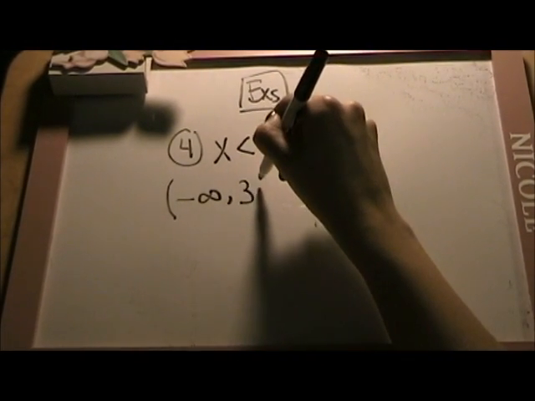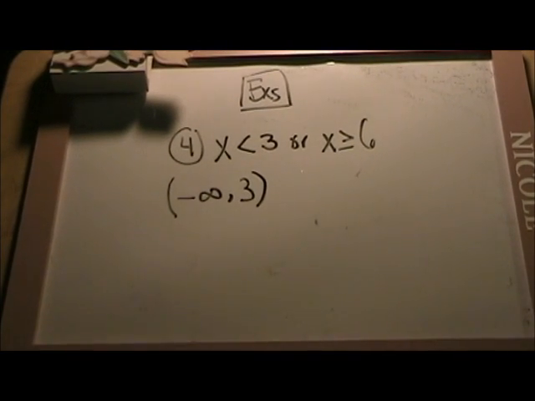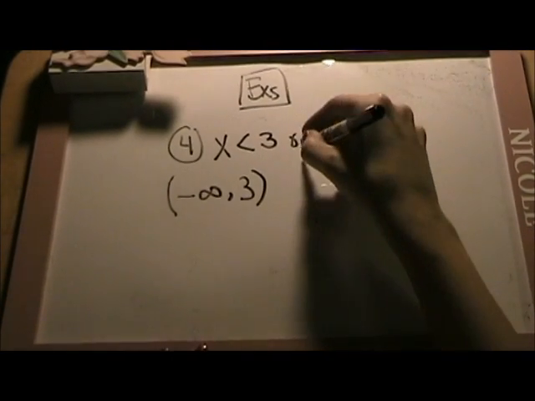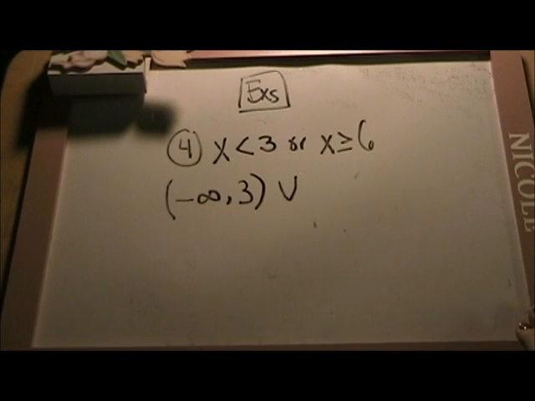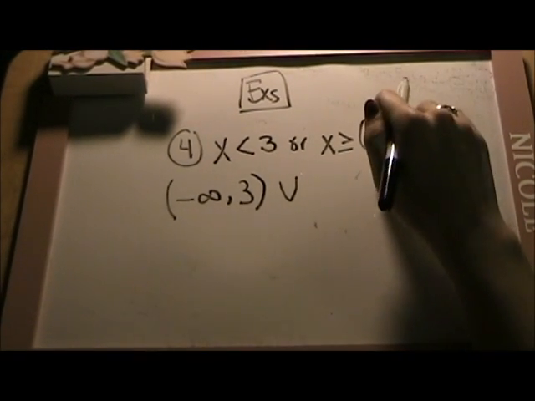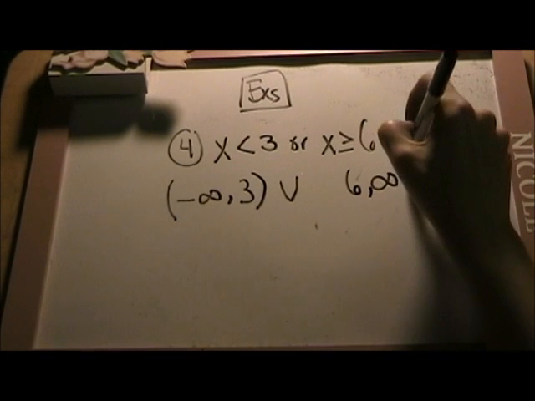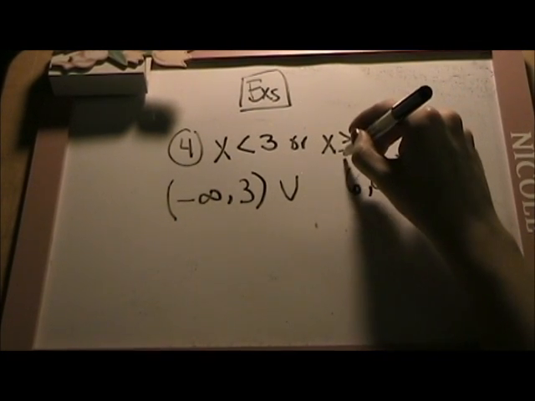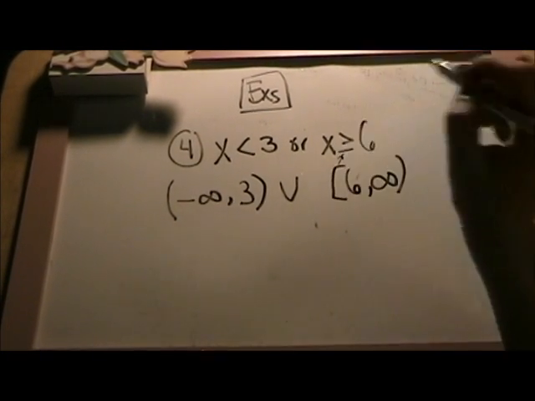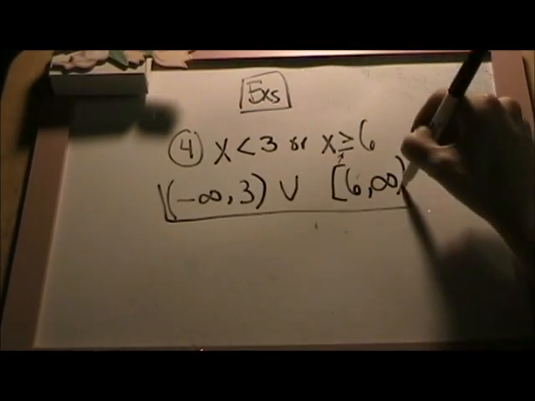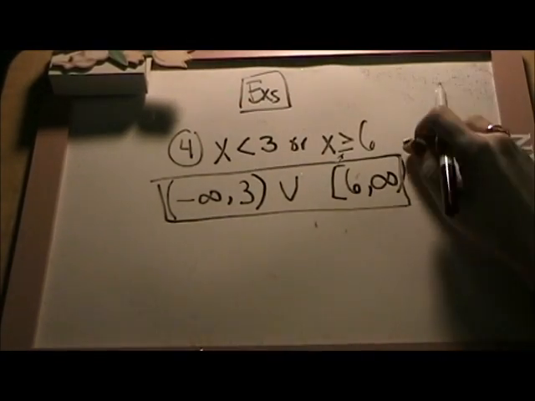This is not an equal to, so that is parentheses. Or means union. And then x is greater than or equal to 6. So we're going to be 6 or bigger, always parentheses. It's an equal to, so bracket. So this right here, this whole thing is your answer.